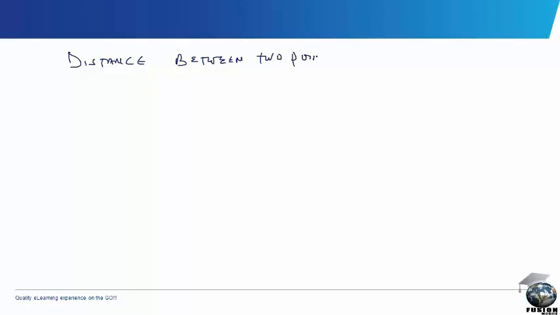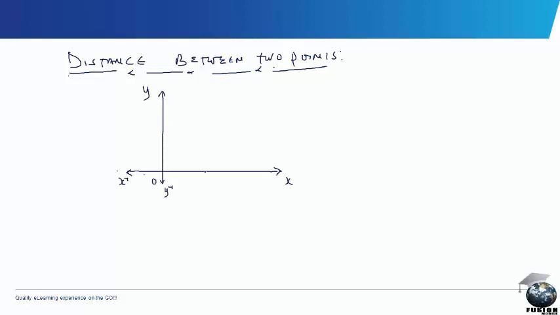Between 2 points. Assuming we have this diagram, suppose we have a line AB and we wish to determine the distance between the points on the line AB.